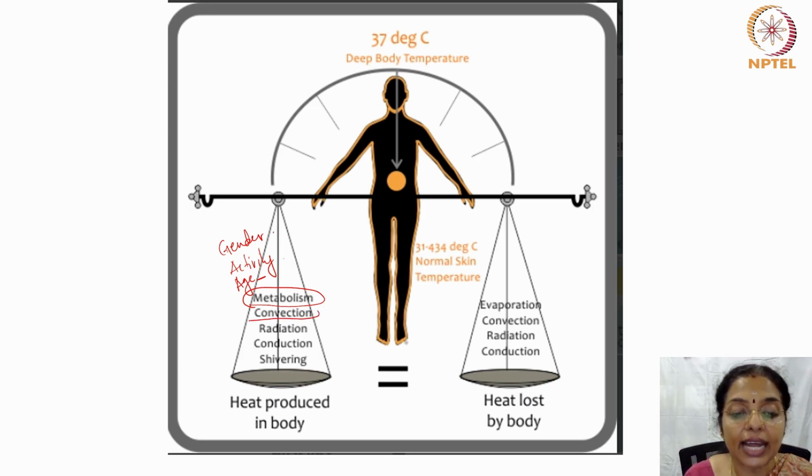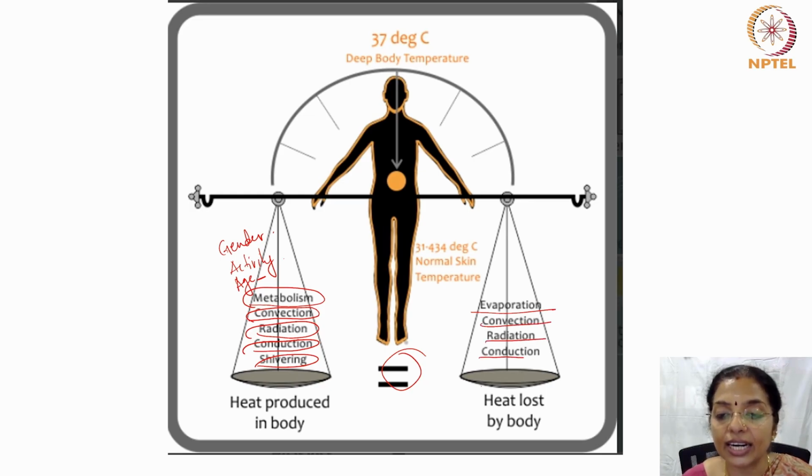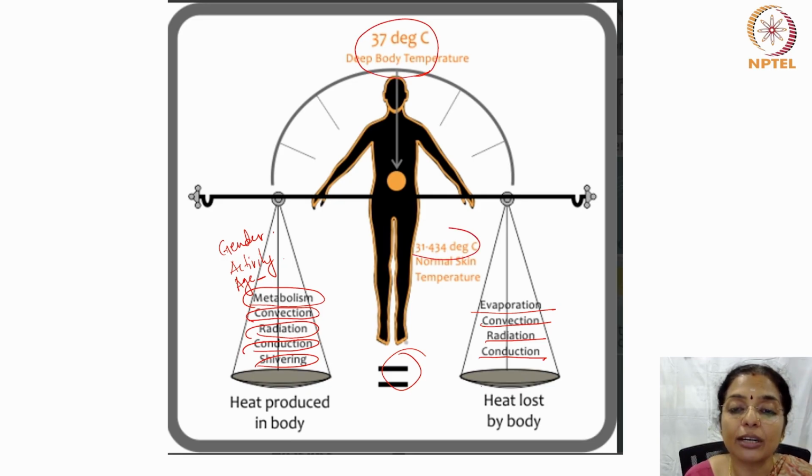The heat that is produced, and the heat gained by convection, radiation, conduction, shivering, must be equal to the heat that is lost by the body in the form of evaporation, convection, radiation, conduction, in order to have a deep body temperature of 37 degrees centigrade, even though the normal skin temperature may be 31.434 degrees centigrade. So this balance is very important.